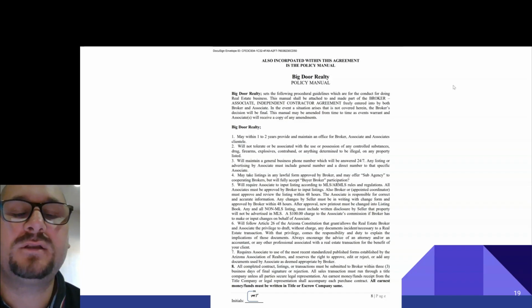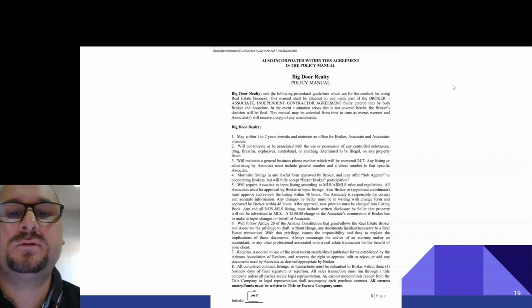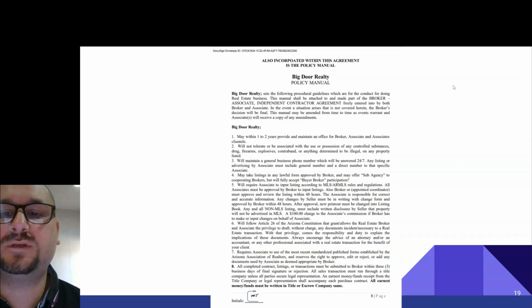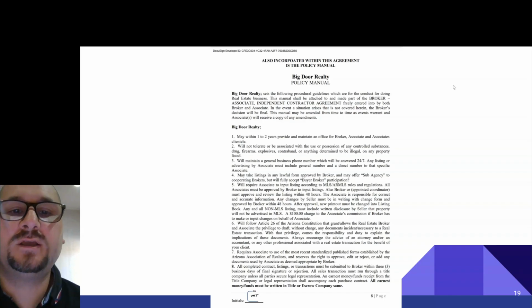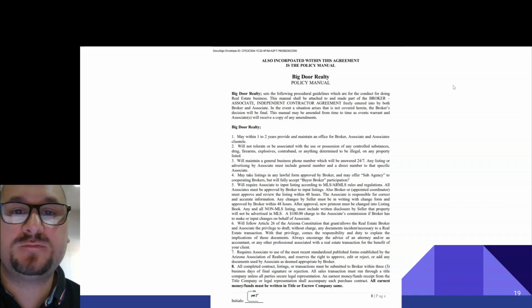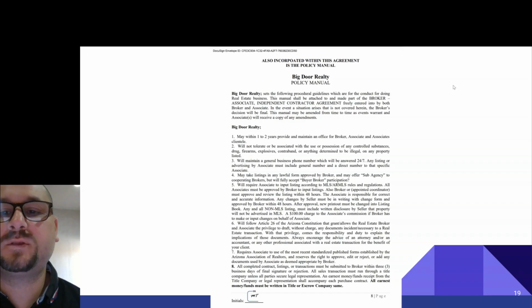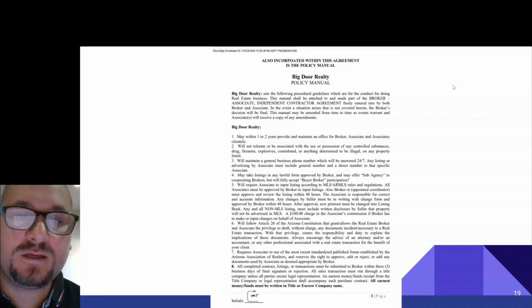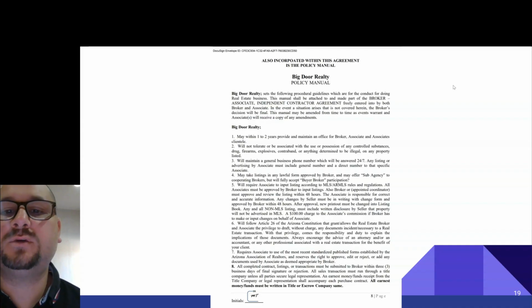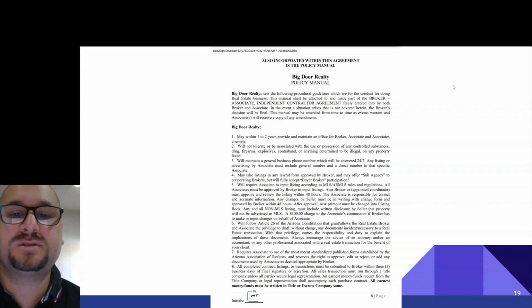Number two, will not tolerate or be associated with the use or possession of any controlled substances, drugs, firearms, explosives, contraband, or anything determined to be illegal on any property listed. Will maintain a general business phone number, which will be answered 24/7. Any listing or advertising by associate must include the general number and a direct number to that specific associate.